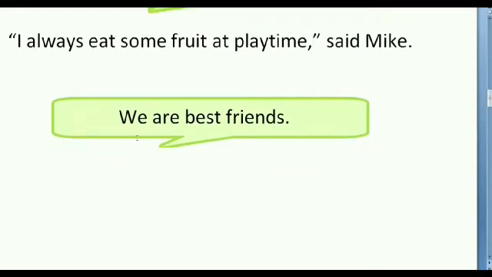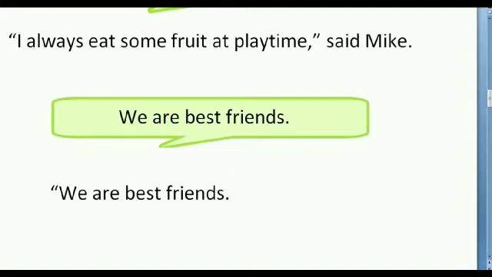Next sentence. We are best friends. Good. How will you transform the speech bubble into direct speech? Speech marks. Write your sentence with a capital letter. We are best friends.